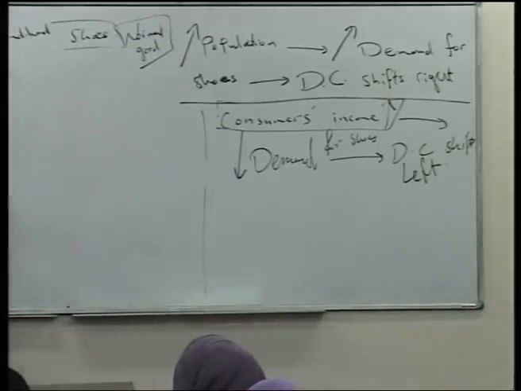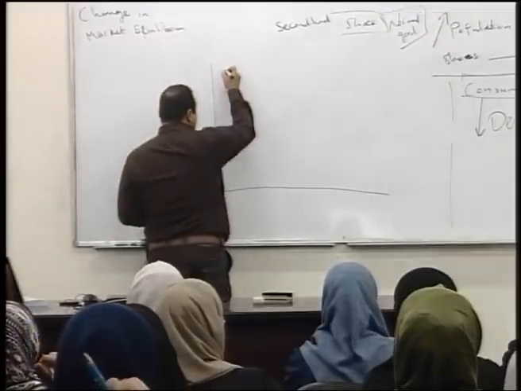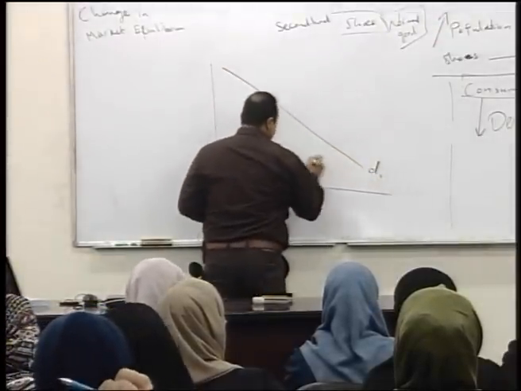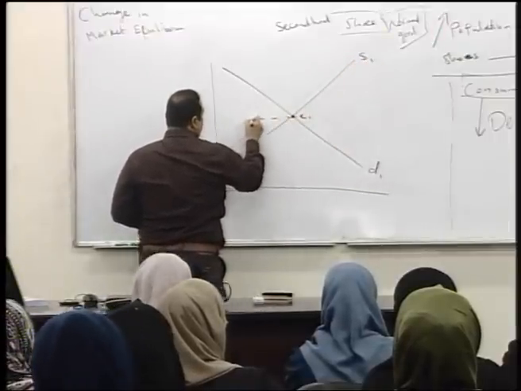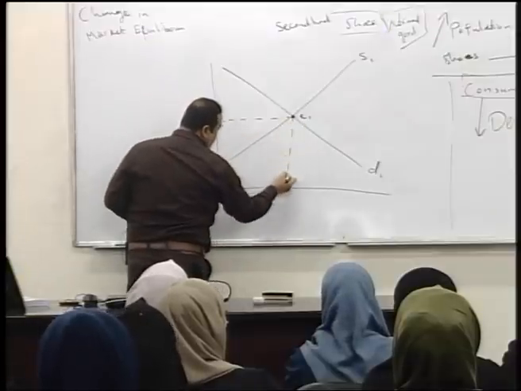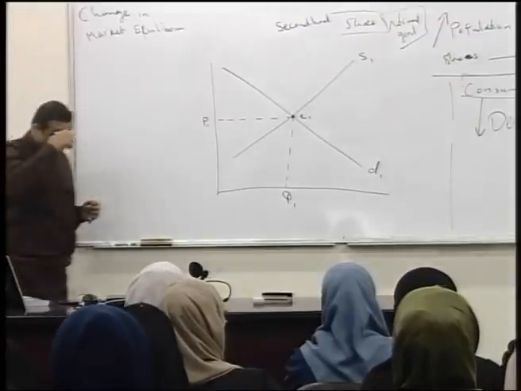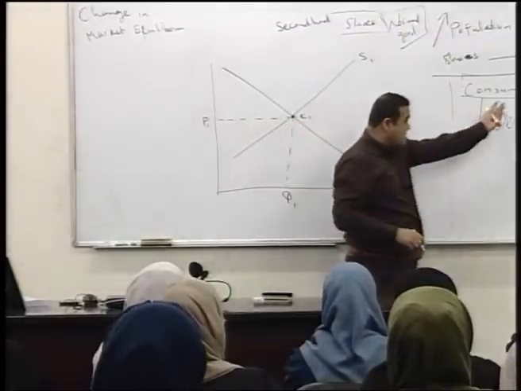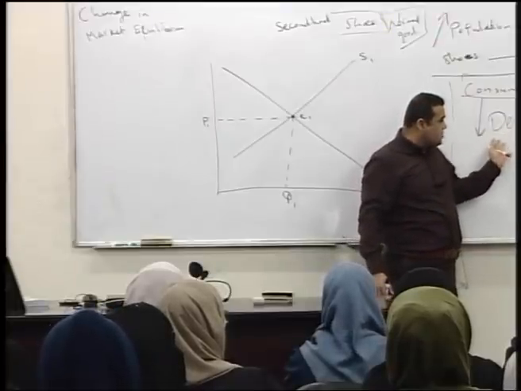So let us assume that here we have the original equilibrium point. This is the second-hand shoes market: demand 1, S1, E1, P1, Q1. As the consumer's income goes up, the demand for second-hand shoes goes down.